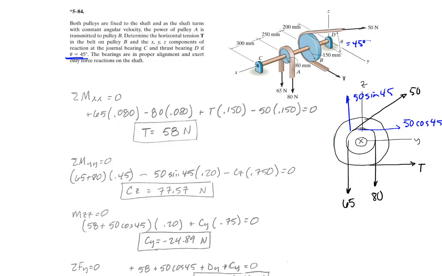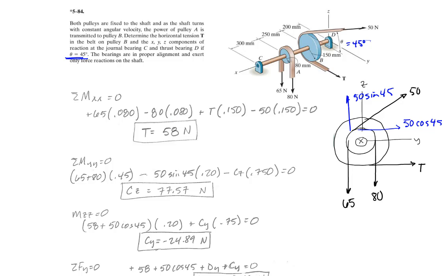What we're trying to do first is find out what this unknown tension is, and we can find that by summing the moments about the x-axis. Here's the x-axis, and I have this force pulling in this direction, this force pulling in this direction. 65 is going in the positive x direction, 80 going in the negative.